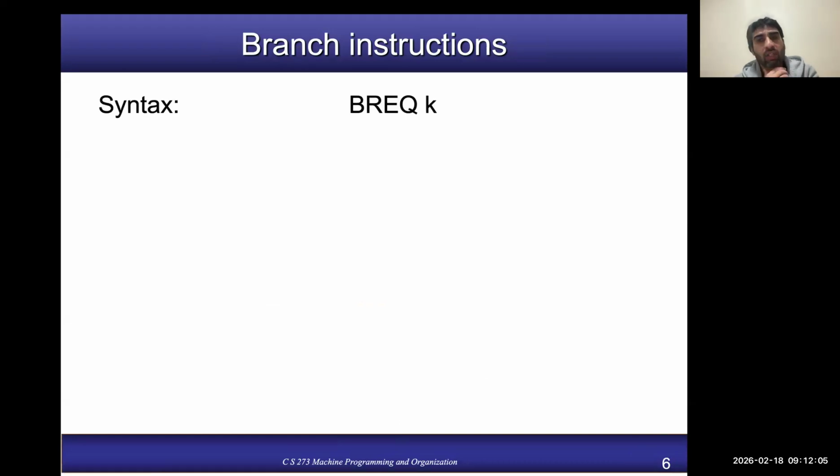So, branch equal instruction. This is an instruction which basically looks at the value of Z and C, and the assumption is that the Z and C flag values are set after comparing unsigned numbers.